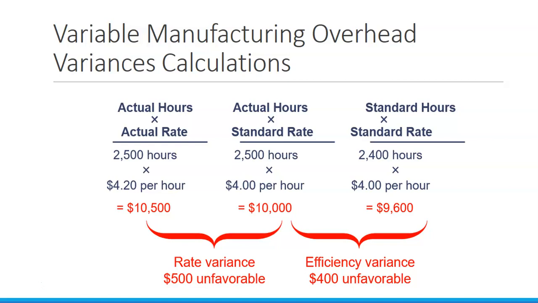So we have a $400 unfavorable efficiency variance and a $500 unfavorable rate variance. So our variable overhead costs 20 cents more per hour in actual cost than our application of overhead material.